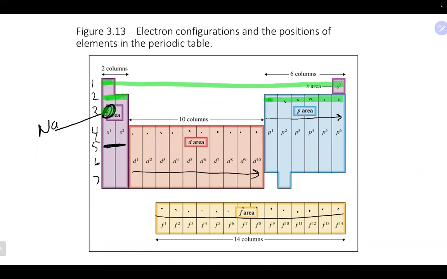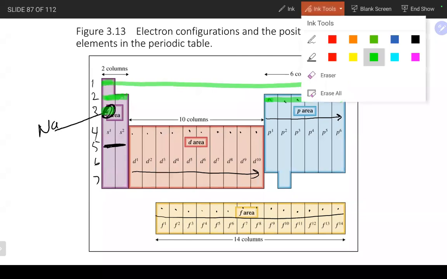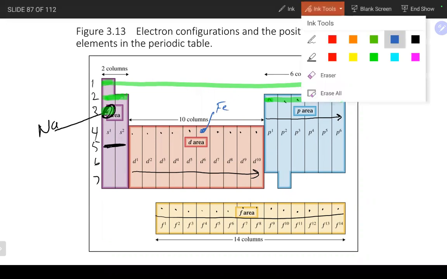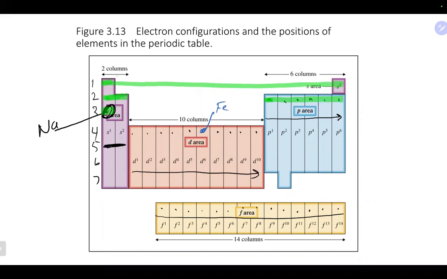You do have to kind of know what you're doing, because if you get to say iron, which we did as well, which would be approximately right about there. If we were to do iron, for example, we would start at the top here.